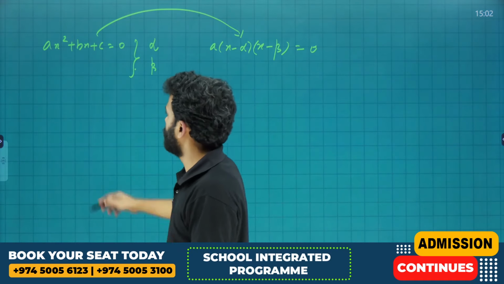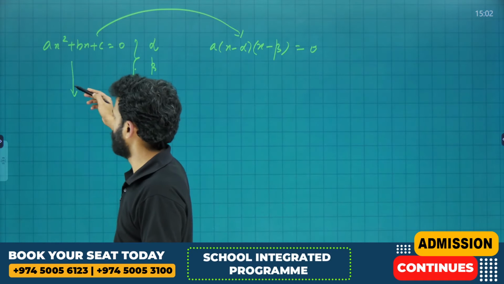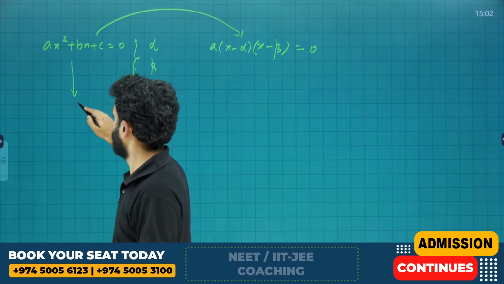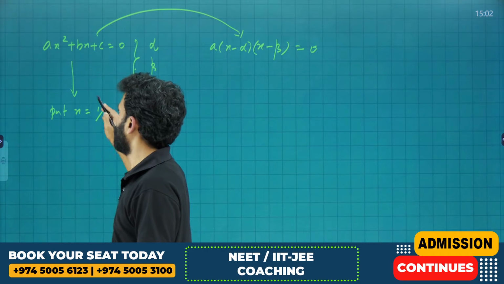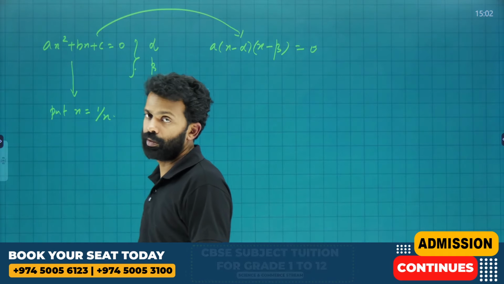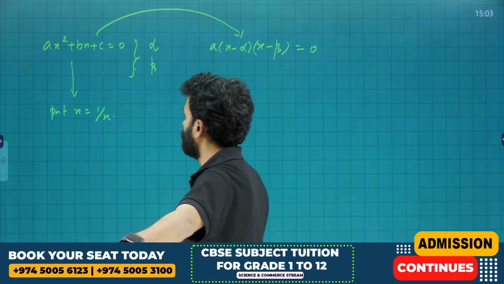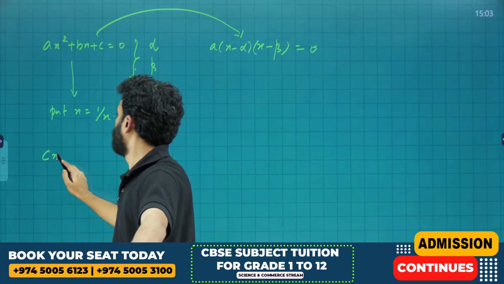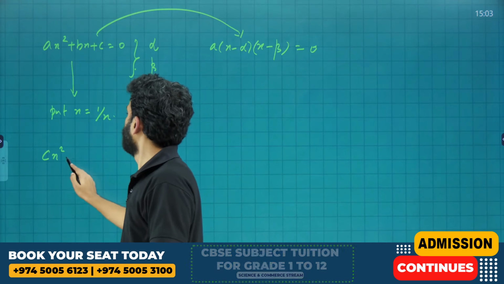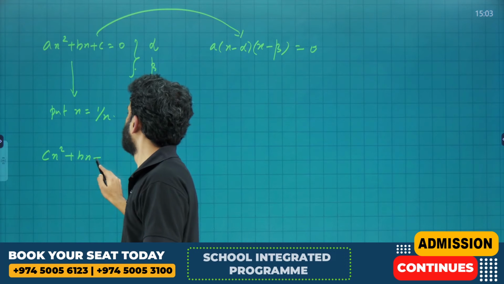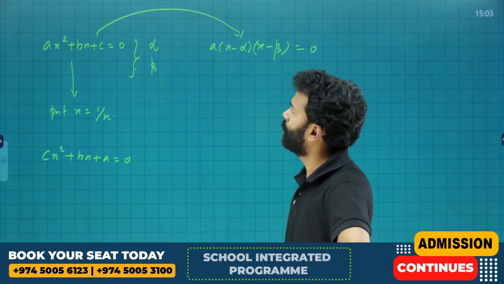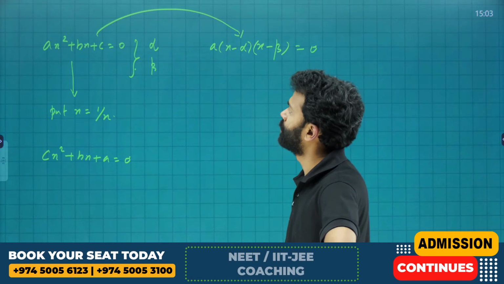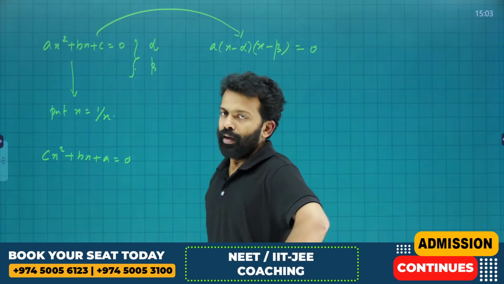Let's do one more thing. In this quadratic equation, I'm doing a transformation here. I'm putting x is equal to 1 by x. And what will you get after putting x is equal to 1 by x? And simplify that. And you will get cx square plus bx plus a is equal to 0, right? That is a by x square, b by x, plus c, which gives cx square plus bx plus a.